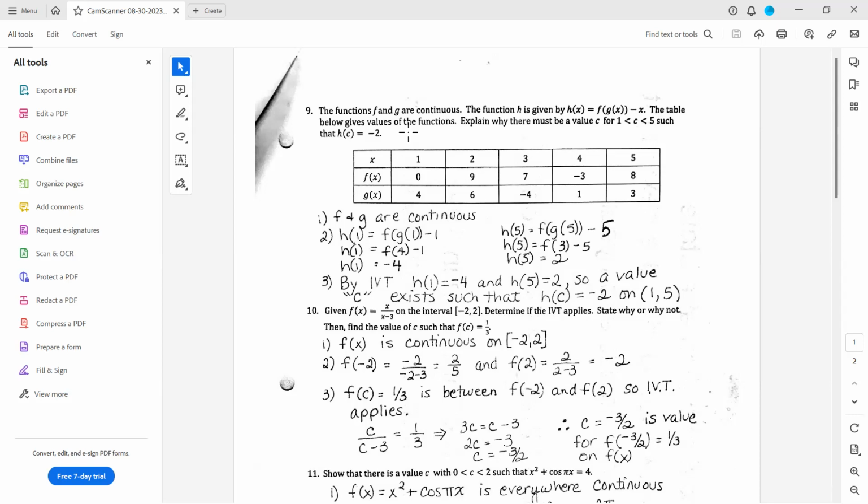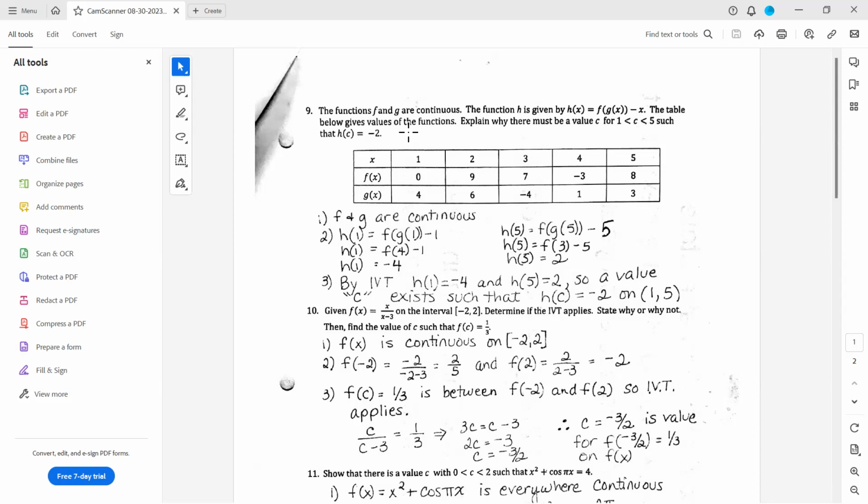Not hard, but it might not be immediately obvious. We know how to read f of x, right? So, for example, what is f of 1? 0. Right. What is g of 1? 4. So what is f of g of 1?